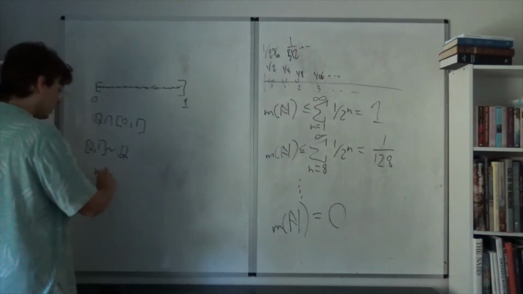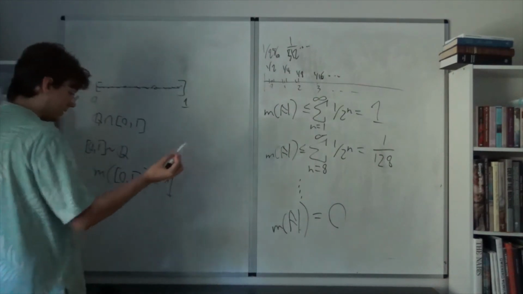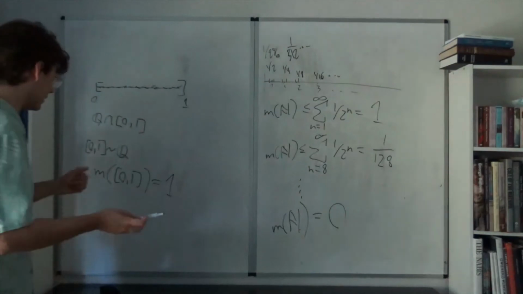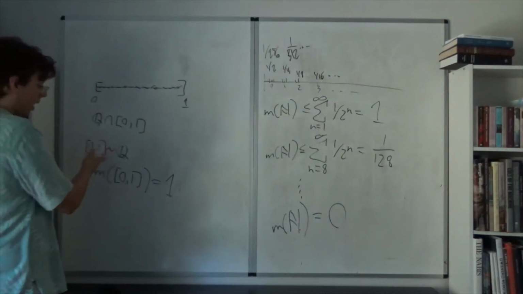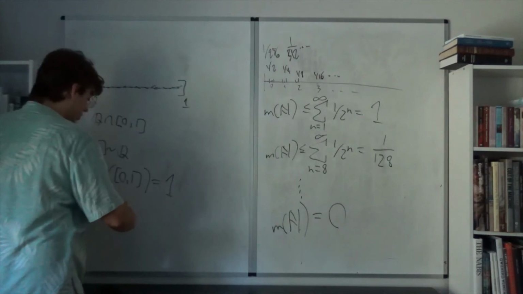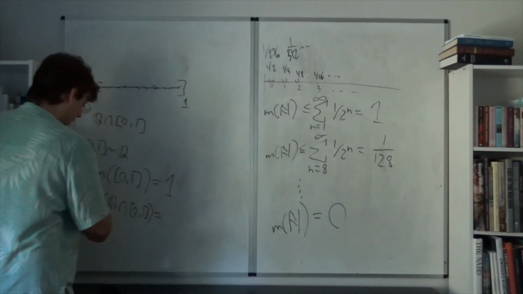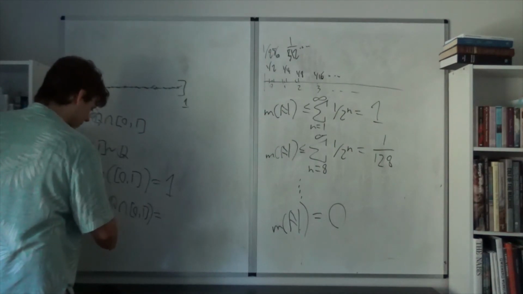So, we know that the measure of 0 to 1 is 1. Like, that's just the length, clearly. But what about just the rational numbers in 0 to 1 and just the irrational numbers?